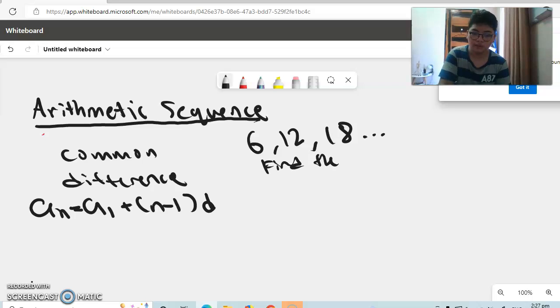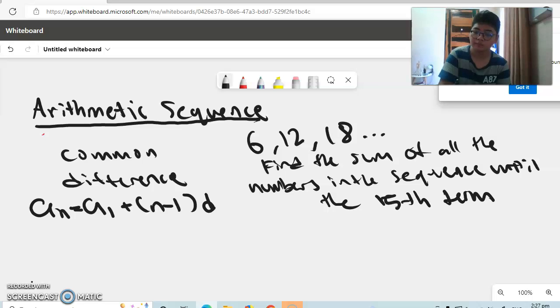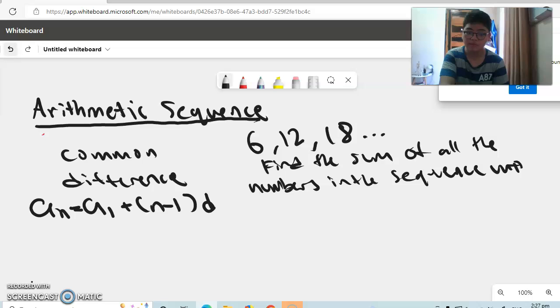Find the sum of all the numbers in this sequence until the 15th term. So now we need to find the sum of all these numbers in the sequence.